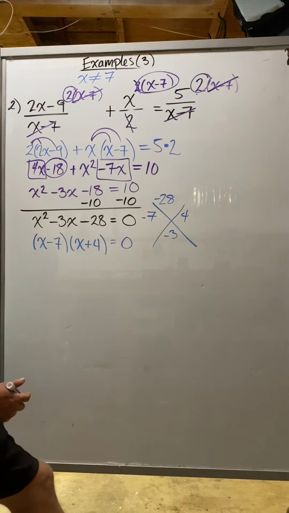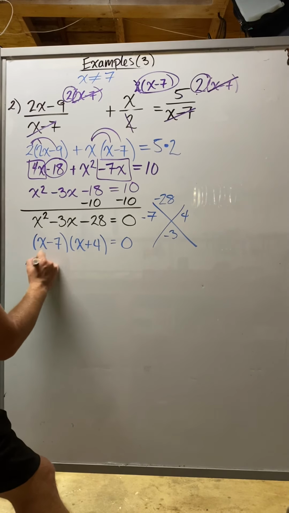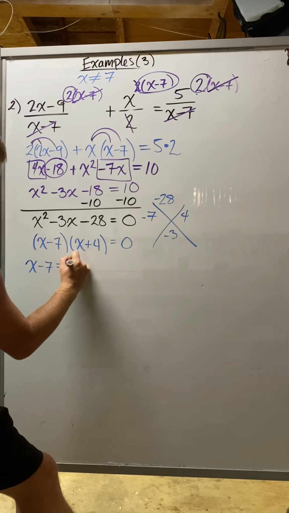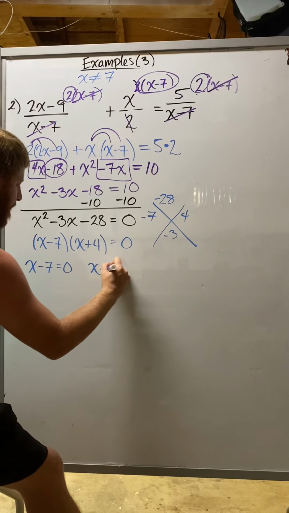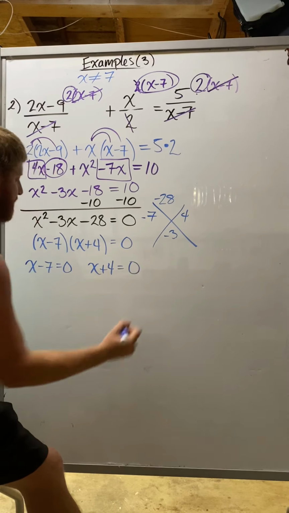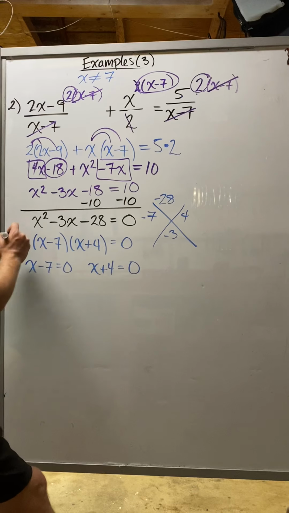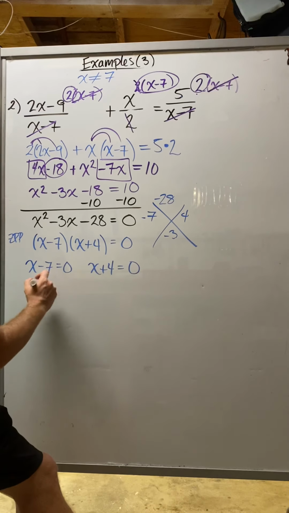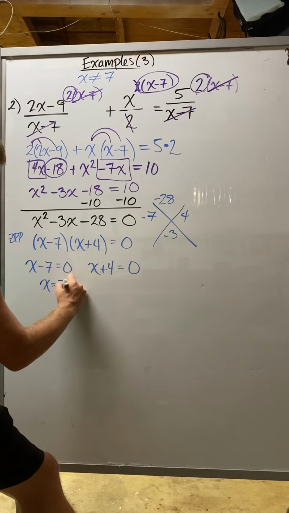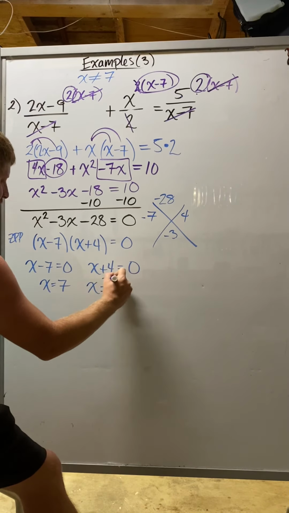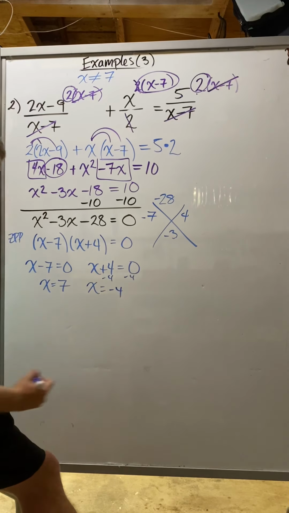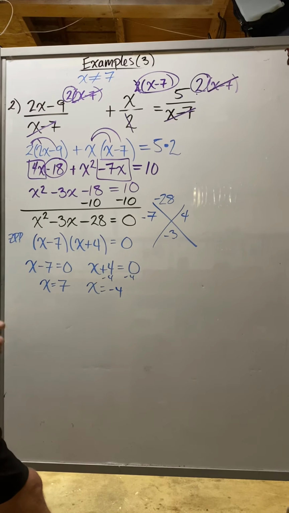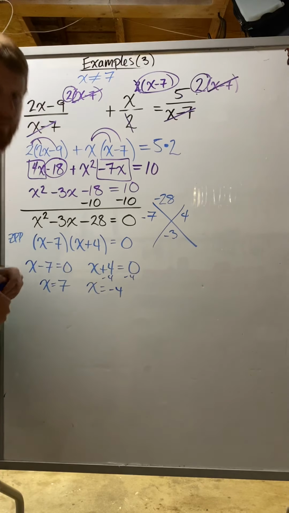The reason we need this equal to 0 is because we're going to take each of these, the x minus 7, the x plus 4, and apply ZPP, which is the zero product property. And then we're just going to solve them. Well, one of our answers is a 7. One of our answers, if we solve this, is going to be negative 4. So these are our two answers. We have 7 and we have negative 4.